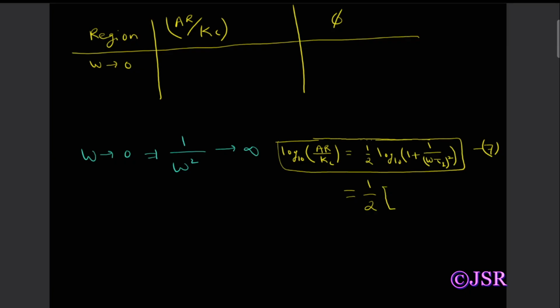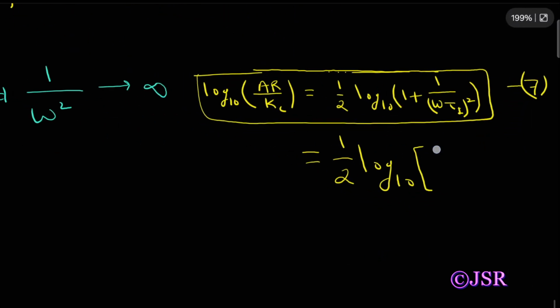So finally we will get log 10 of 1 upon omega tau I whole square, and here we will have omega tau I square plus 1.